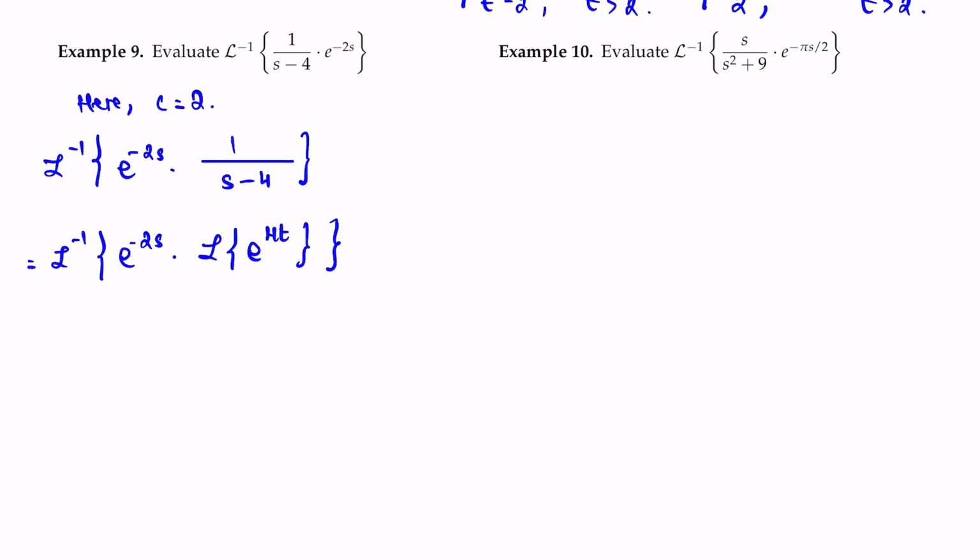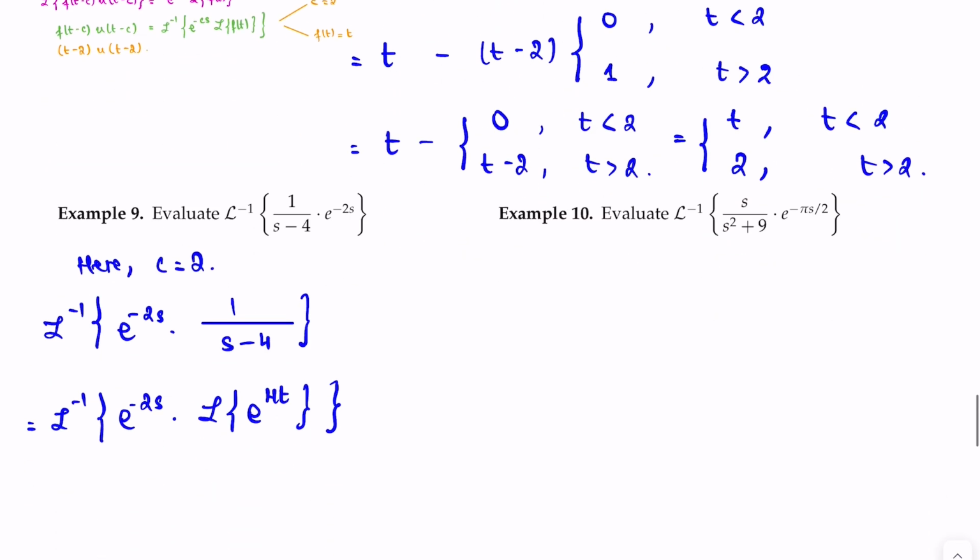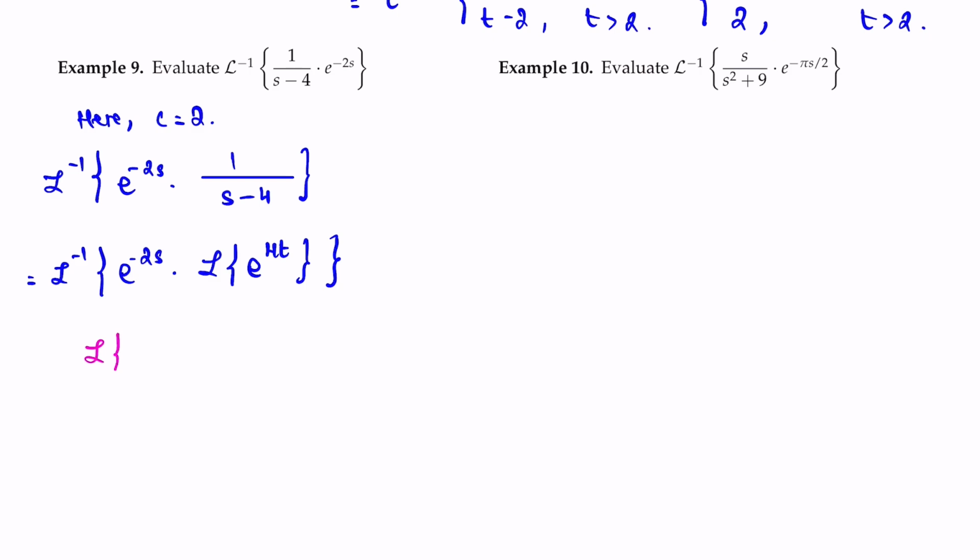Now again, what formula are you working with? I'm going to copy what I have earlier here. The Laplace transform of f of t minus c times u of t minus c is equal to e to the negative cs times the Laplace transform of f of t.